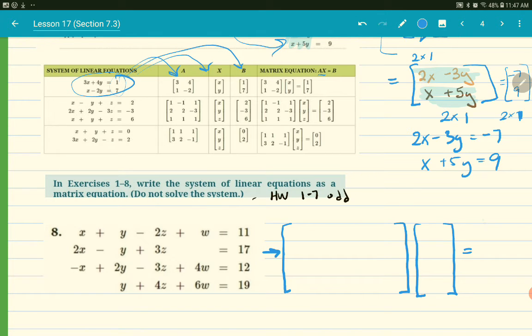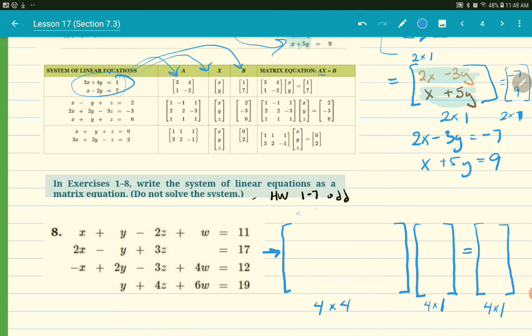Then equals, and then I have 4 constants. It's rows by columns. The number of rows is the number of equations, so that's 4 equations times 4 variables. We only have 1 column of variables and 1 column of constants.